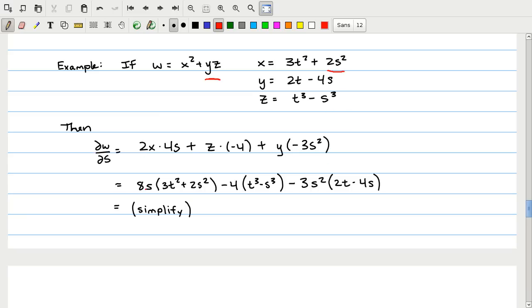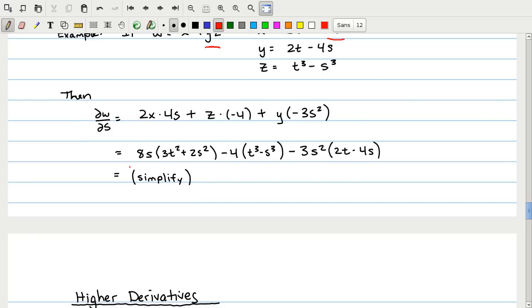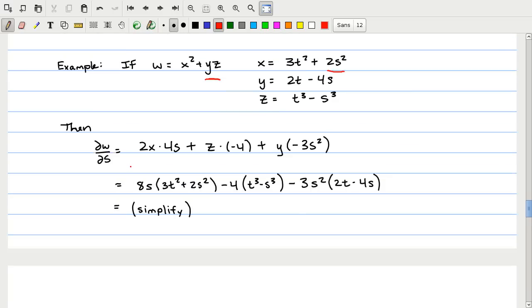We replace the x's, the y's, and the z's with their proper formulas from this set of equations here, and we get a bunch of terms, and then we do algebra, we simplify those terms to get a relatively compact expression for dw/ds. And so on. I'm not going to repeat this calculation for all the different partial derivatives, but you could do that as well to practice these problems.